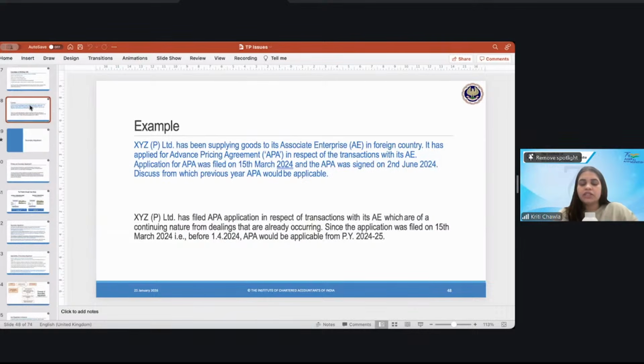Now, I'd just like to talk about APA from a practical perspective. If you're interested in the subject, you will see that the CBDT furnishes something called an APA annual report. You can see it on the Income Tax Department's website.